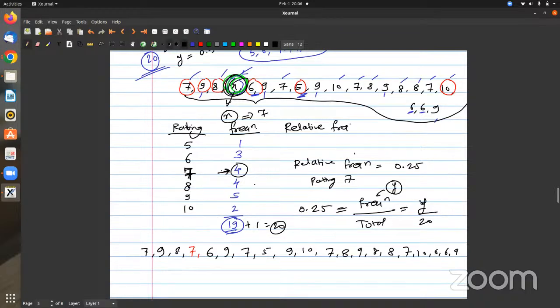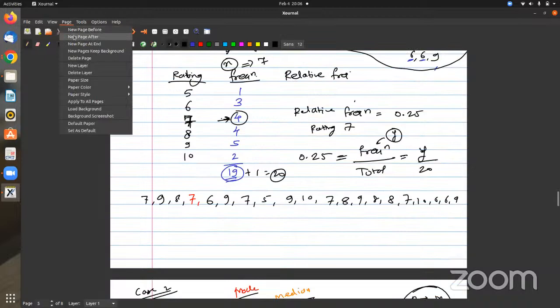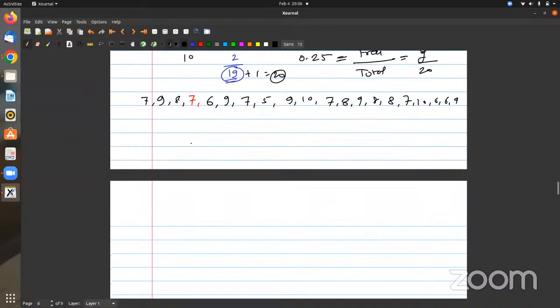If I prepare a table based on this data, rating and frequency: 5, 6, 7, 8, 9, and 10.